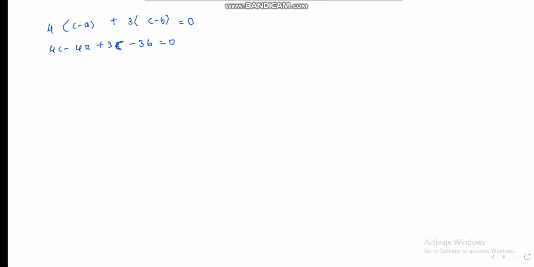So the next one is c: 4c plus 3c, and 4a minus 3b is equal to 0. So we get 4 plus 3, then c is a common term, so it remains 4 plus 3.